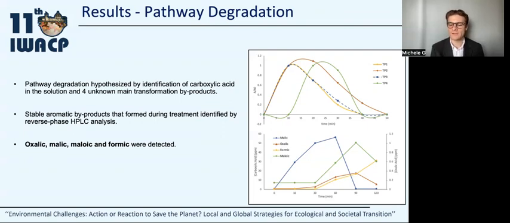The byproducts identified included oxalic, malic, maleic, and formic acid, and the associated results can be seen in the figure on the right, where all 4 byproducts are graphed. As can be seen by the bottom portion of the graphs, malic acid, which is the blue curve, was the first low molecular weight carboxylic acid byproduct released as a result of the chloramphenicol degradation.